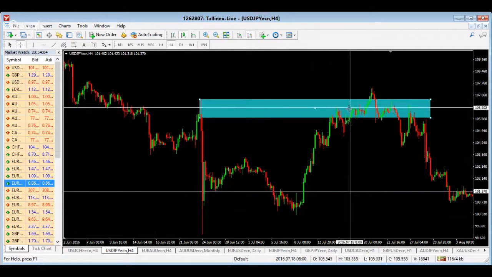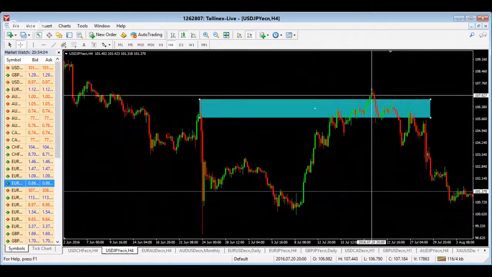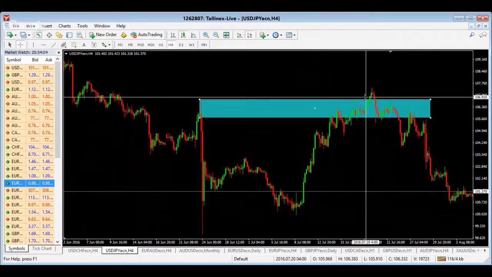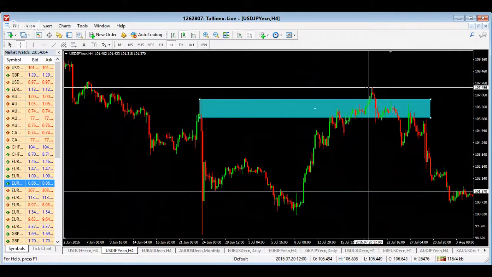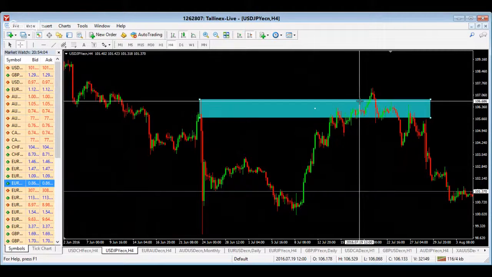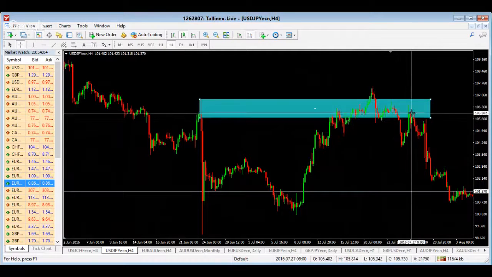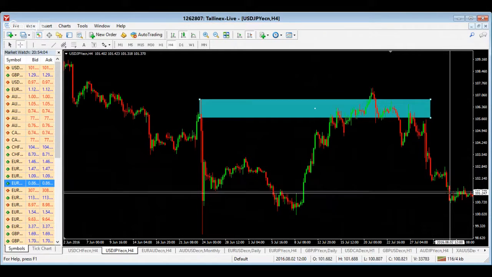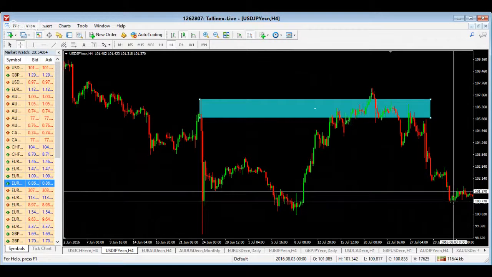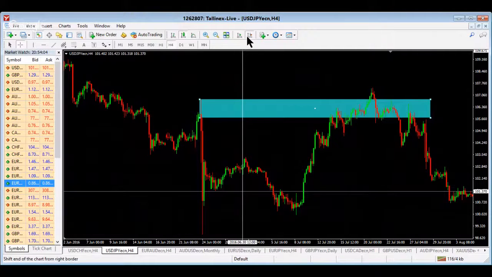Now, in this scenario, that's why I said you want to usually place about 10 to 30 pips outside of the zone area. So there's a possibility you might have got stopped out, but as it transpired, look, market price fell down. All right. So this is what you want to practice.